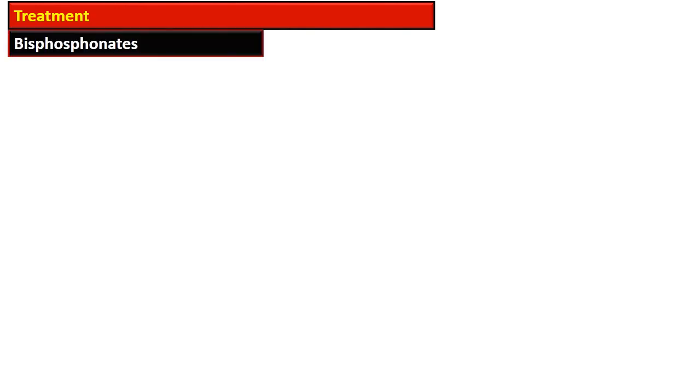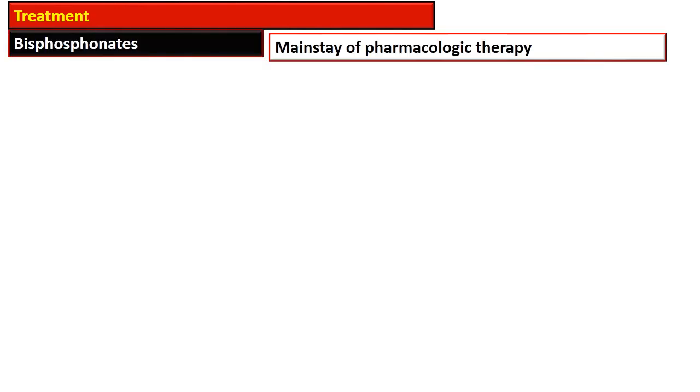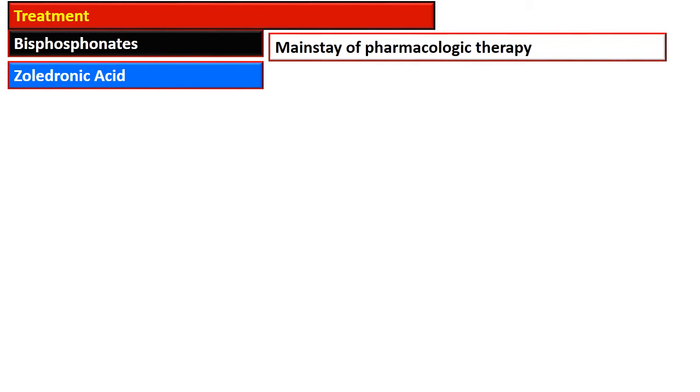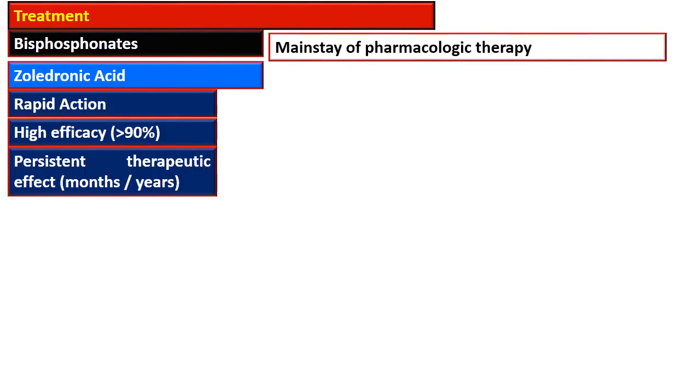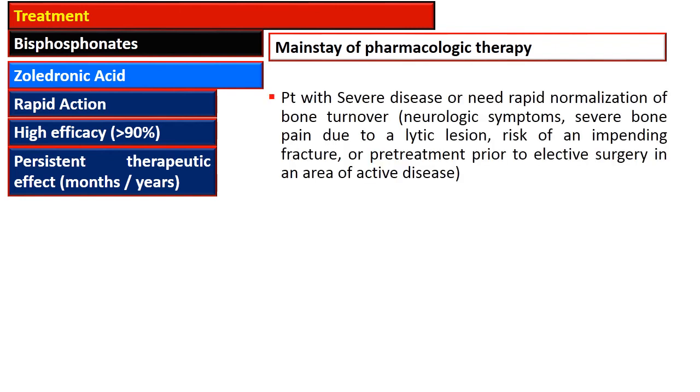The bisphosphonates are the mainstay of pharmacological therapy of Paget disease, and the most important and effective among these is zoledronic acid. That is the drug of choice, and it has a rapid action and high efficacy of more than 90%, and the pharmacological effect of this bisphosphonate persists over months and years.